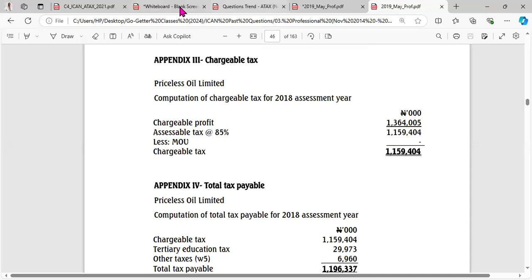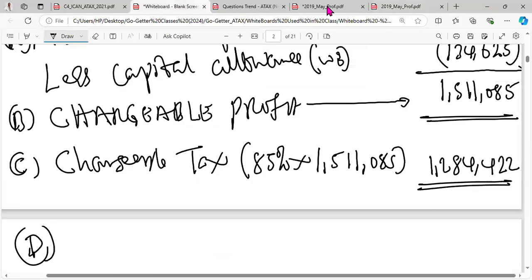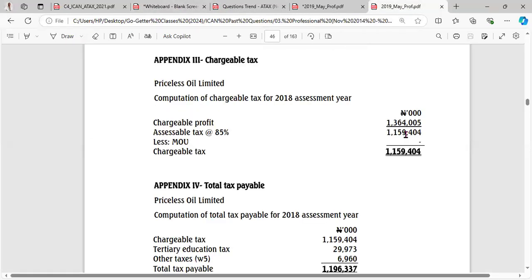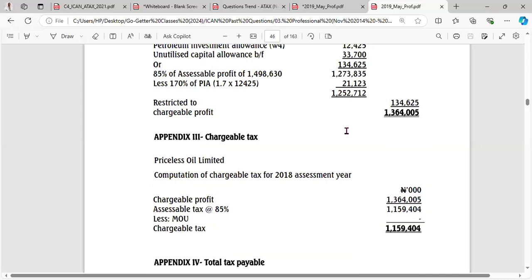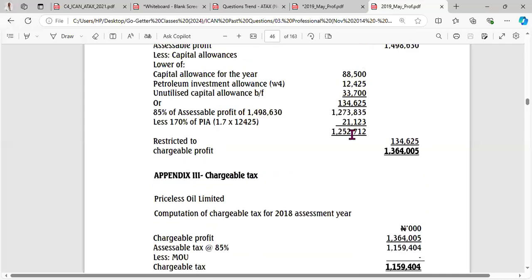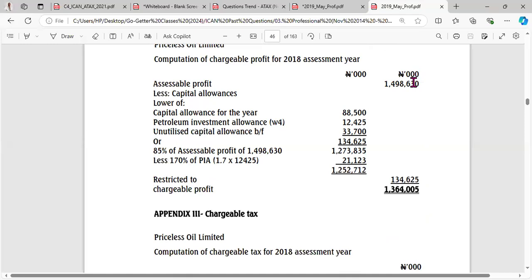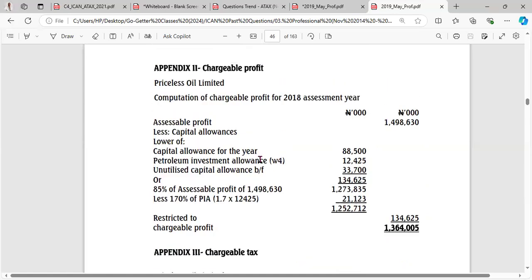Chargeable profit is slightly different from mine because of the slight difference. I don't agree with their capital allowance. They didn't bring that of the previous year. Okay, they brought it.